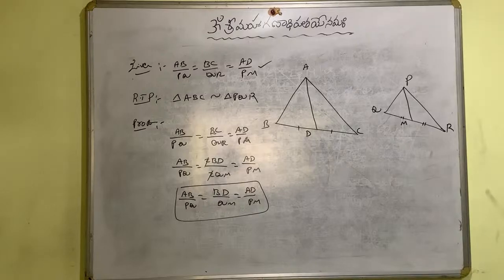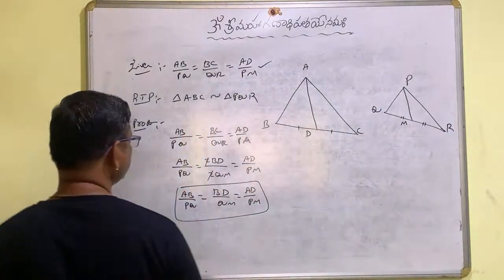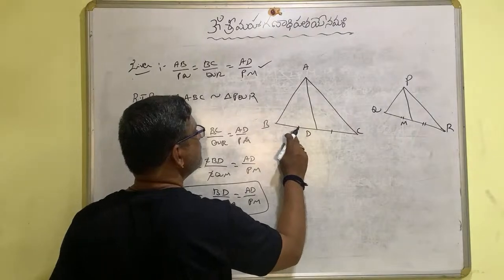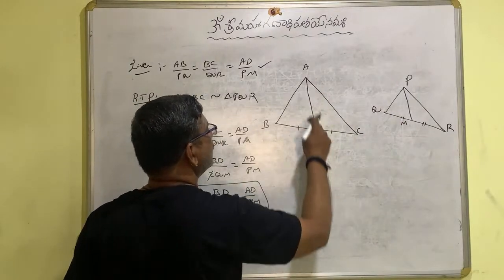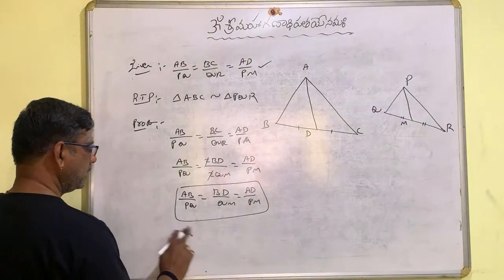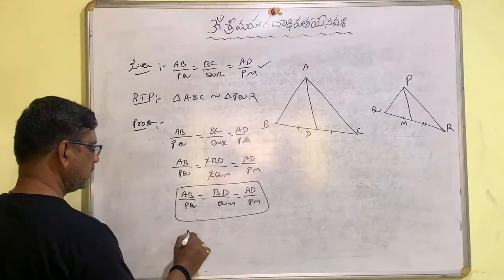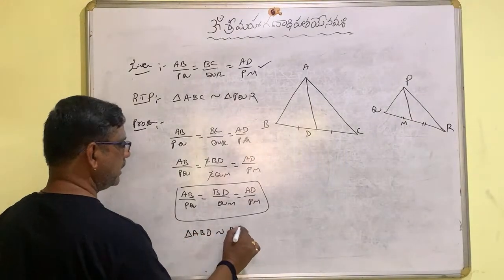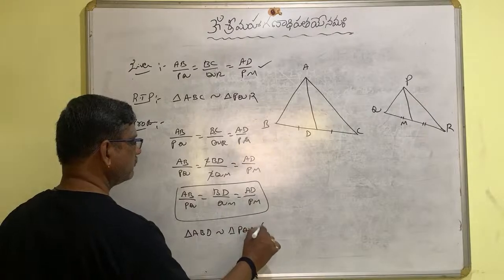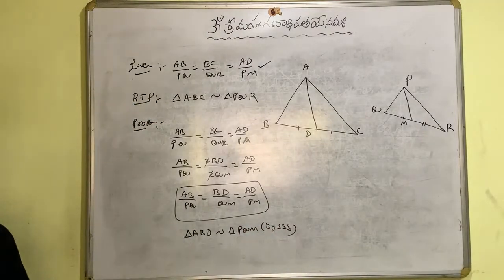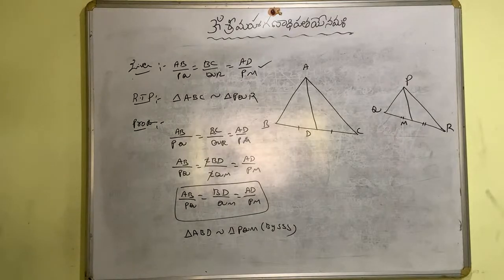AB by PQ is equal to BD by QM is equal to AD by PM, so triangle ABD is similar to triangle PQM by SSS similarity.